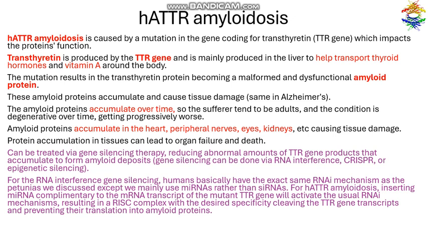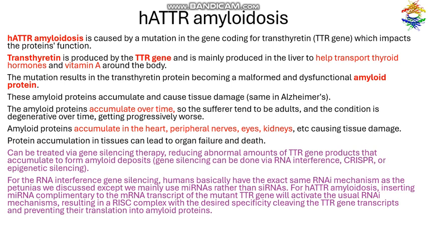These amyloid proteins will accumulate in the body's tissues and cause damage, the same way as amyloid proteins accumulate in nerve cells in Alzheimer's. They accumulate over time, so the sufferers tend to be adults and the condition is degenerative, so it gets progressively worse over time.